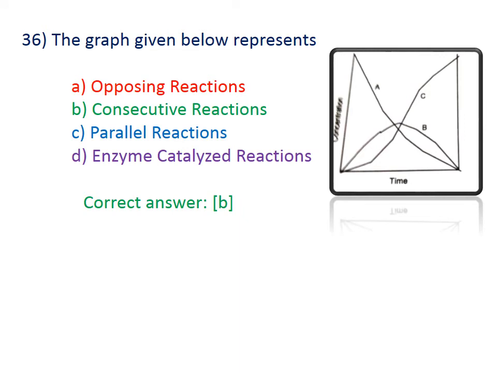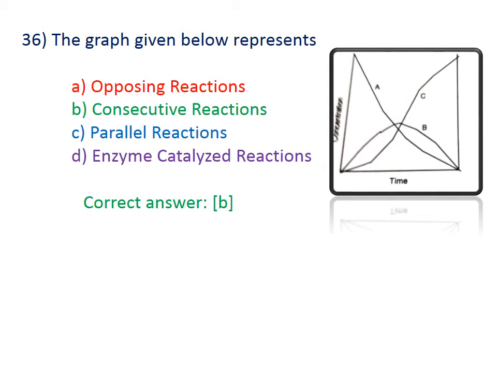36. A graph given below represents A, opposing reaction, B, consecutive reaction, C, parallel reaction, D, enzyme catalyzed reaction. Here the consecutive reaction means A gives B, B gives C. Therefore, the concentration of A decreases. You consider the line A, the concentration of A decreases from initial time to final.